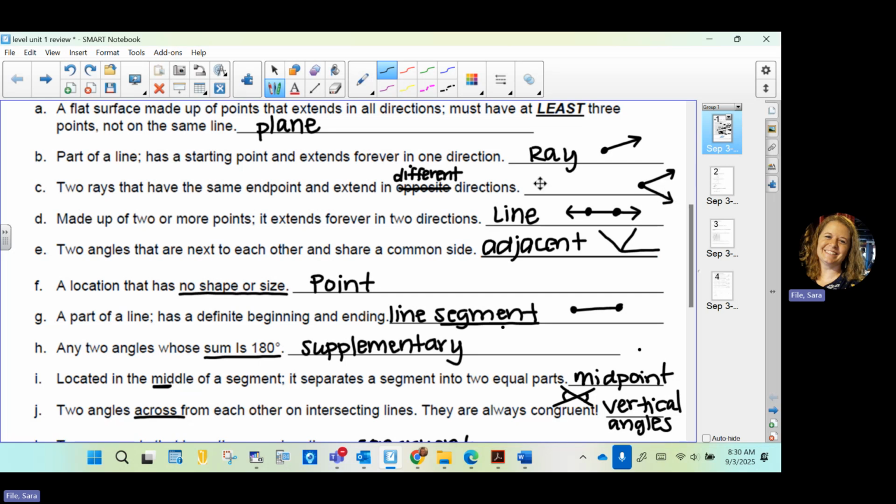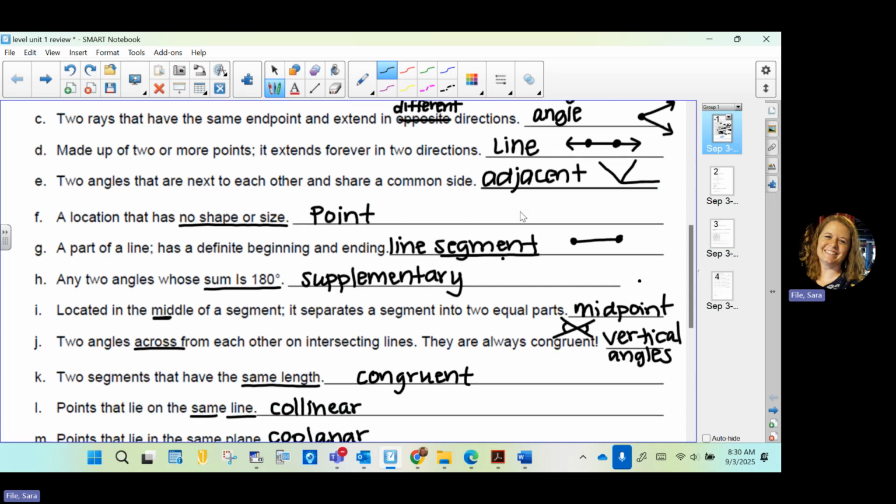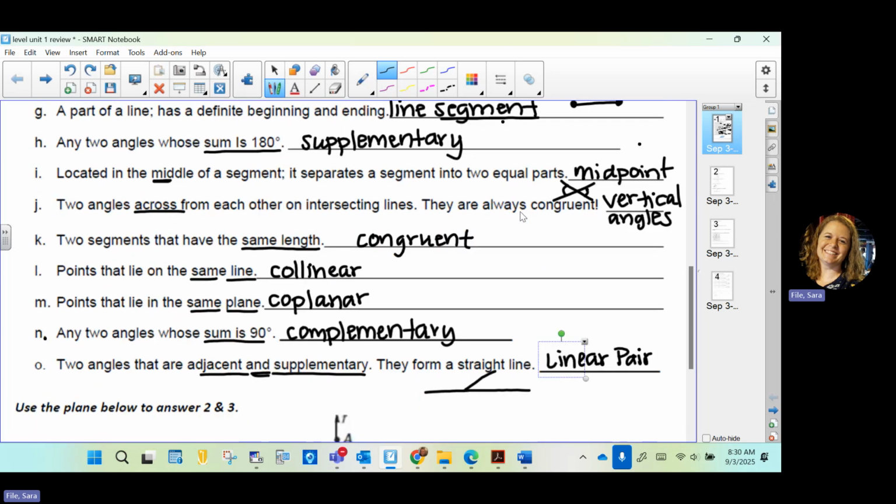They can go in opposite directions, and that would make a straight angle. But if they're just two rays with a common endpoint going in different directions, that's an angle. So if you missed any of those, just get those fixed. Any questions about any of that vocabulary?